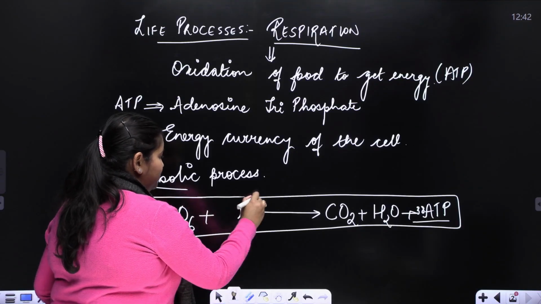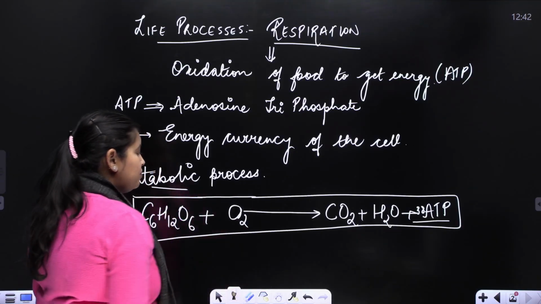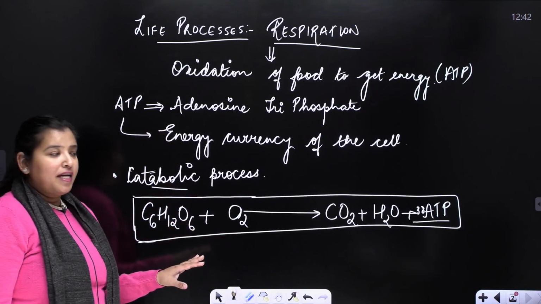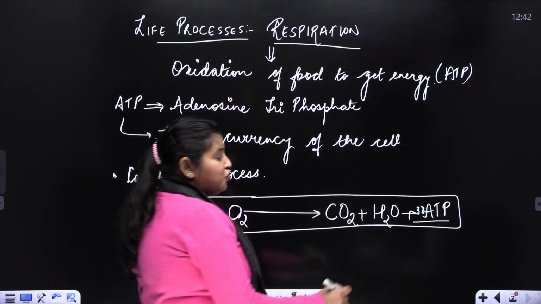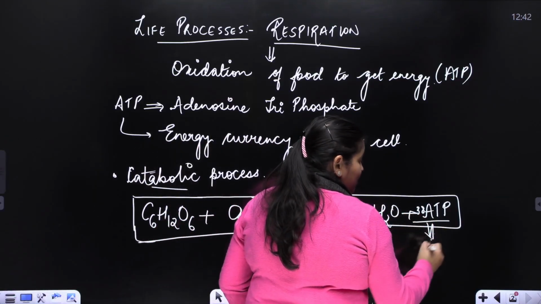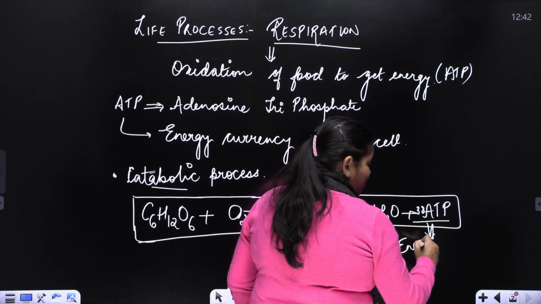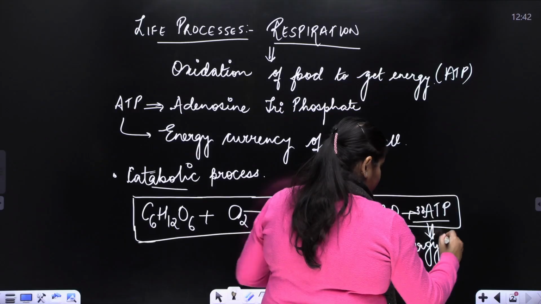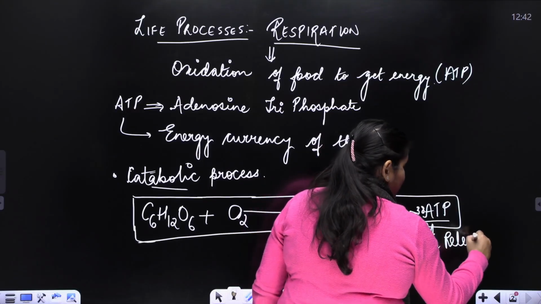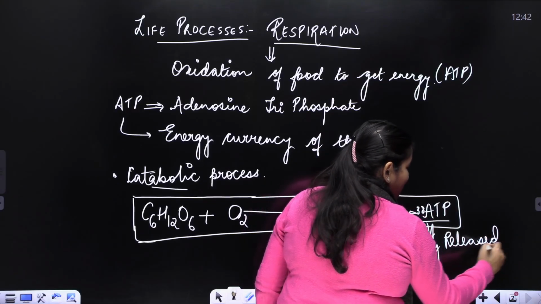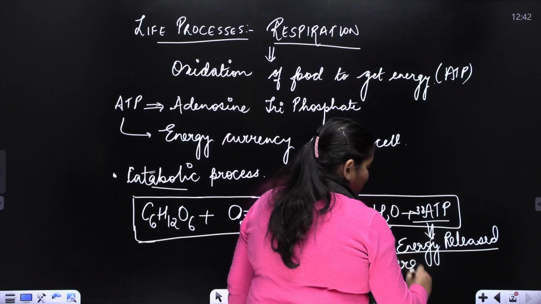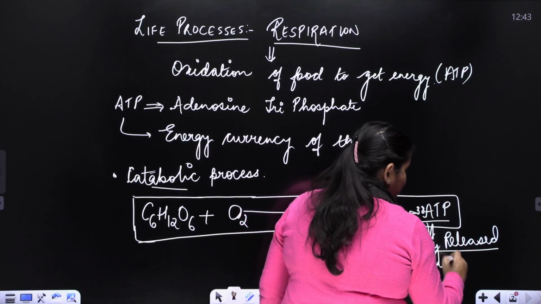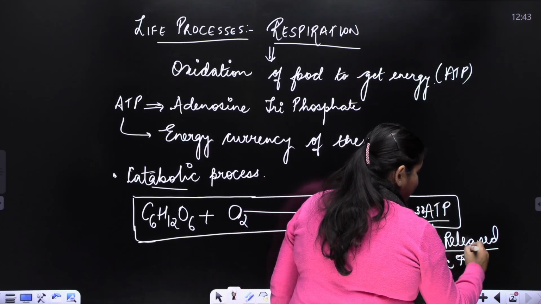All right. So when breakdown of things takes place, it is a catabolic process. And yes, energy is being released. When this energy is released, such a reaction is said to be an exergonic reaction.